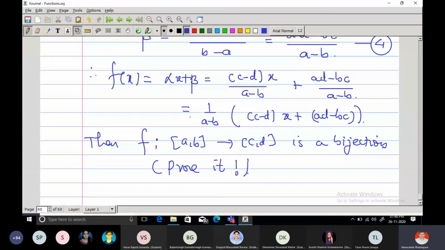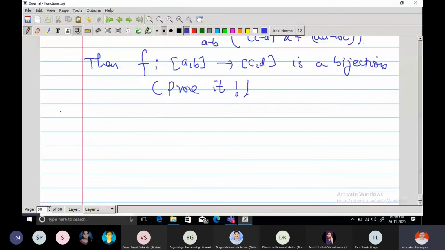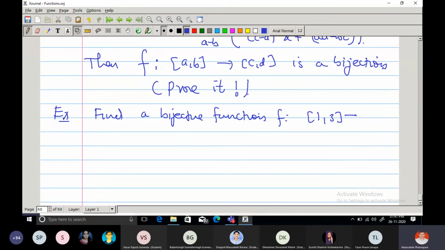Because for example, find a bijective function f from, now can you find a bijective function directly from 1, 3 to 5, 8? Just compare with the previous general problem. A is equal to 1, B is equal to 3, C is equal to 5, D is equal to 8. And can you tell me directly what is a bijective function?